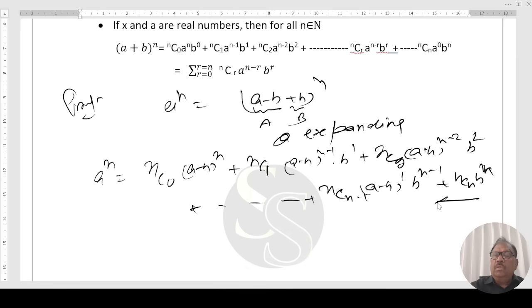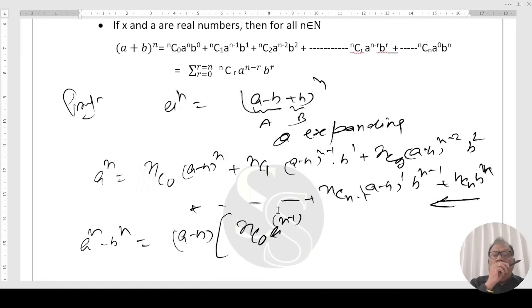Now rearranging, we take this term to the other side: A power n minus B power n equal to. Now look, in this there is an (A minus B) term, in this there is an (A minus B) term, everywhere there is an (A minus B) term. We can take common (A minus B): nC0 (A minus B) power n minus 1, plus nC1 (A minus B) power n minus 2 B, and so on.